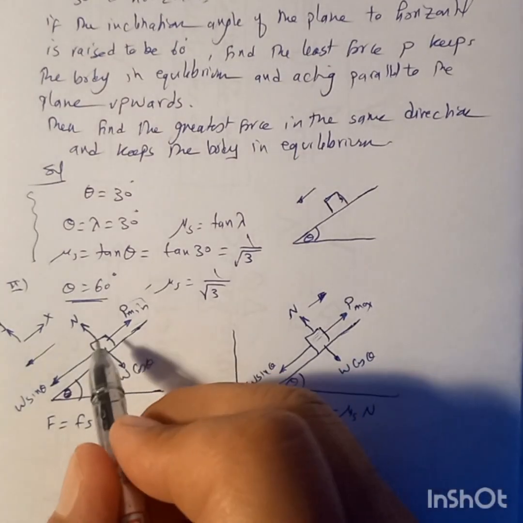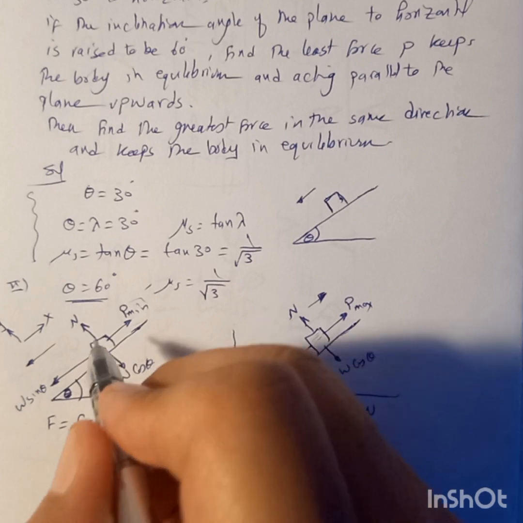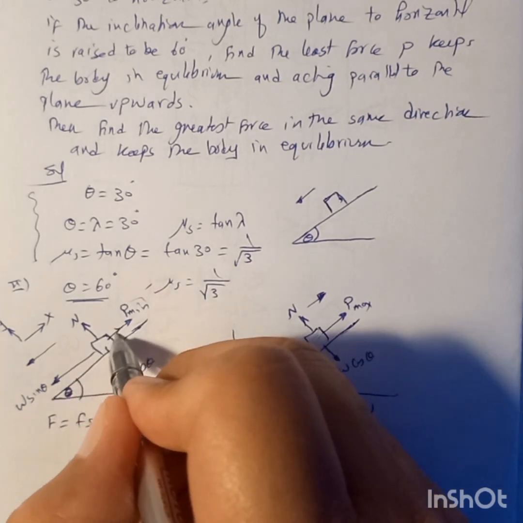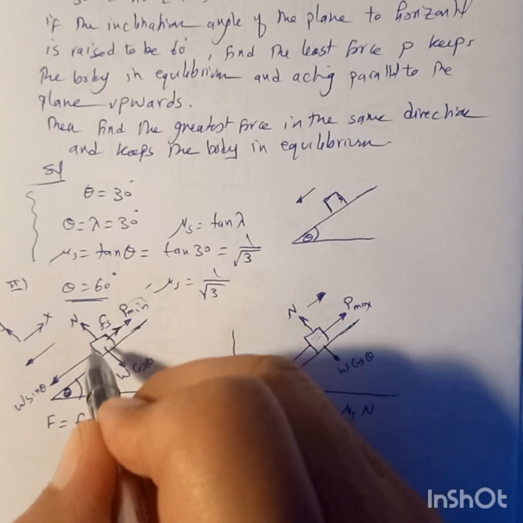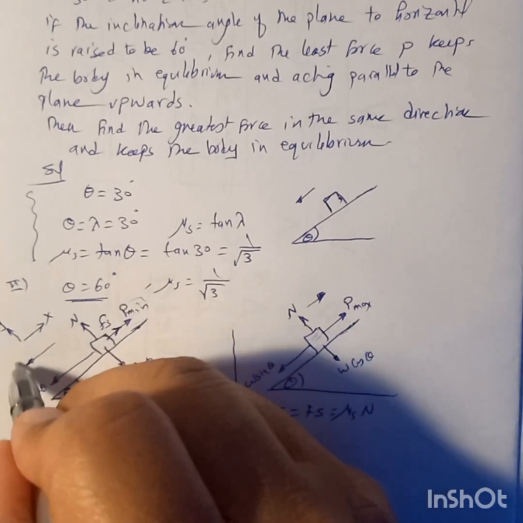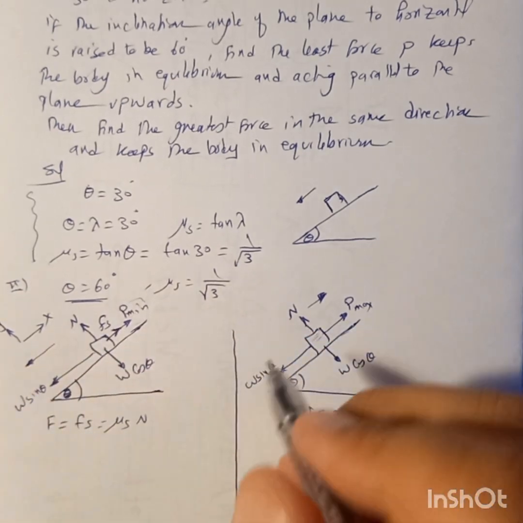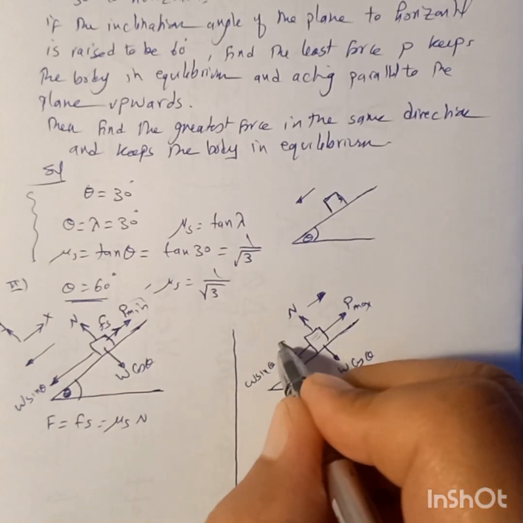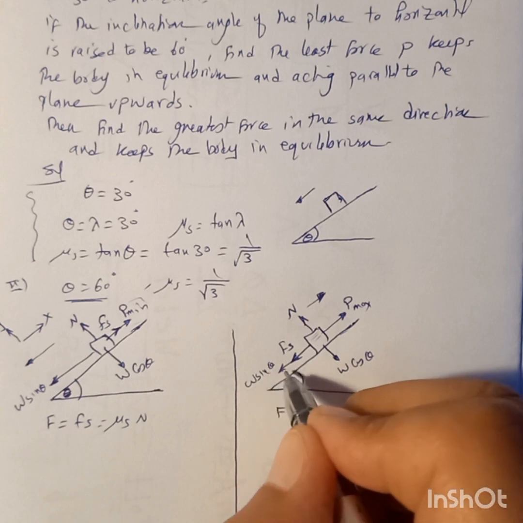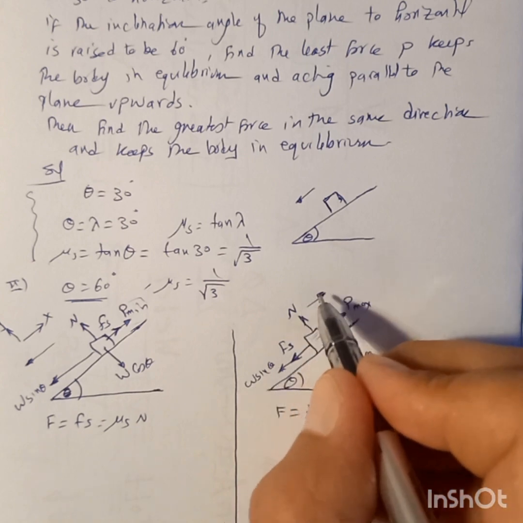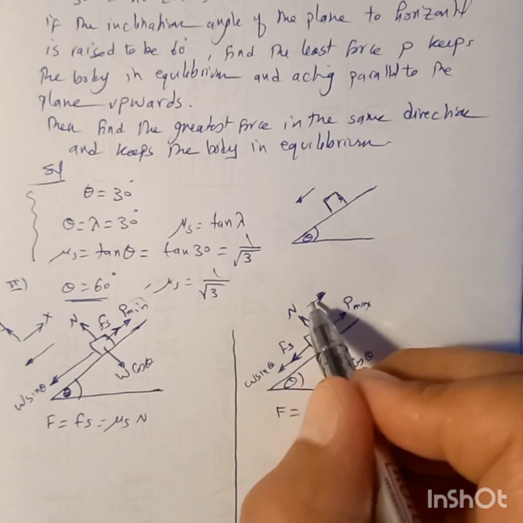Then the direction of Fs: in P minimum, Fs is in the direction of W sine theta, downward along the plane, as it's in the opposite direction to the expected motion direction.